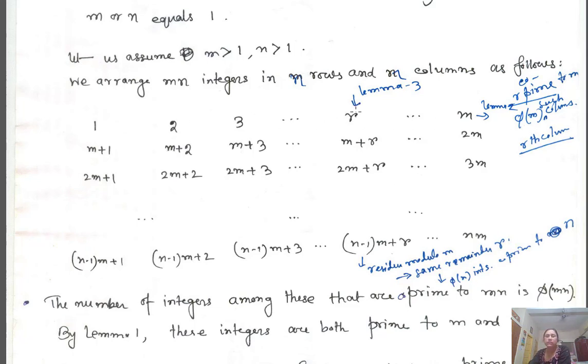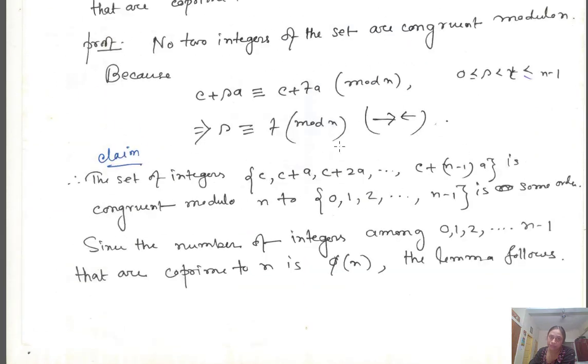And suppose this is a column, and suppose we look at co-prime to n. Now how many elements are there which are co-prime to n? This is actually, if you apply lemma 3, then this is r, r plus m, r plus twice m, up to r plus n minus 1 times m. So how many elements are there which are co-prime to n? That is phi n. This is by lemma 3.